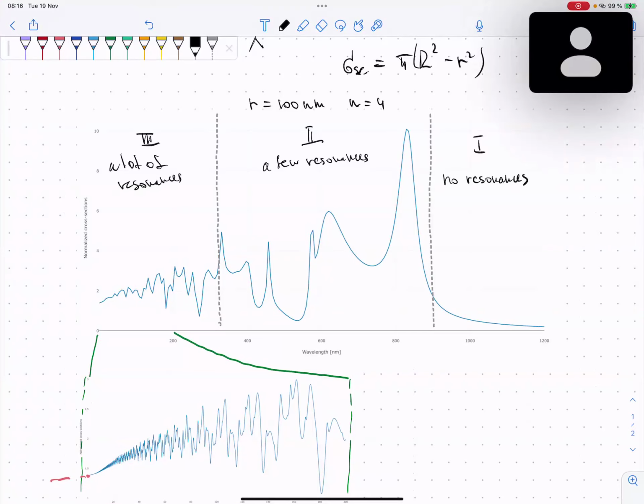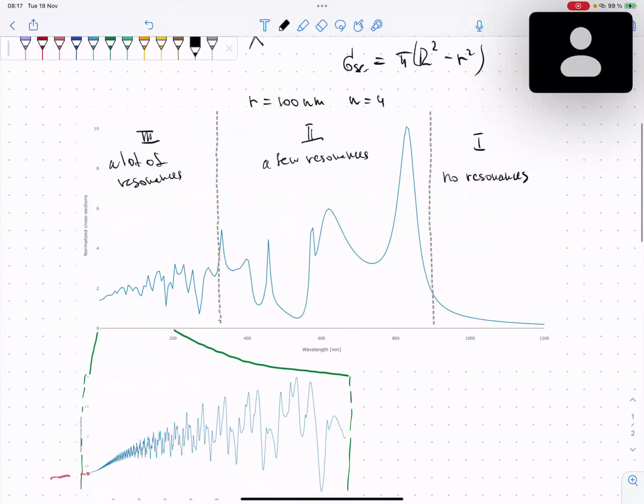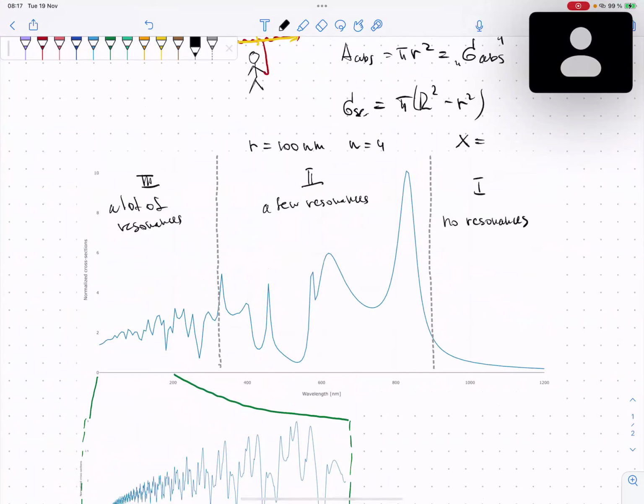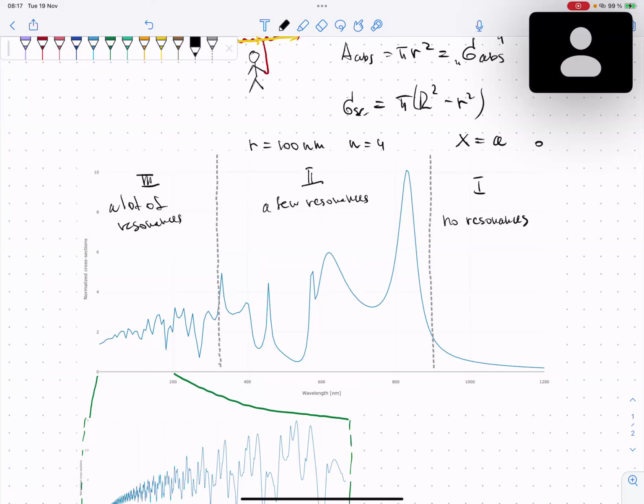So here, we will distinguish these regions by the size parameter that I introduced in the previous lecture. It's A N K0, or without N, it's just A K0.